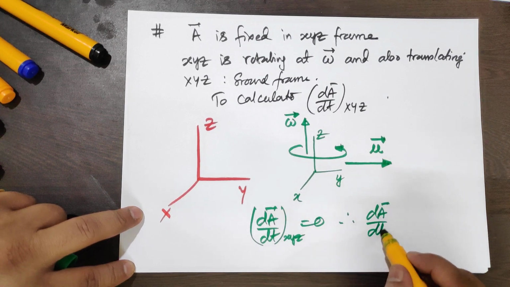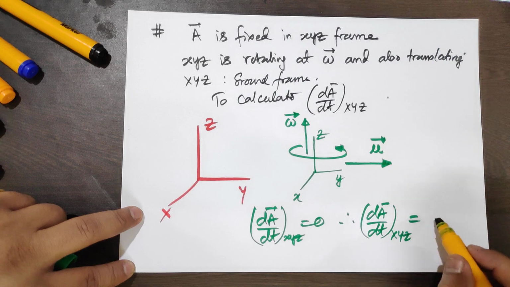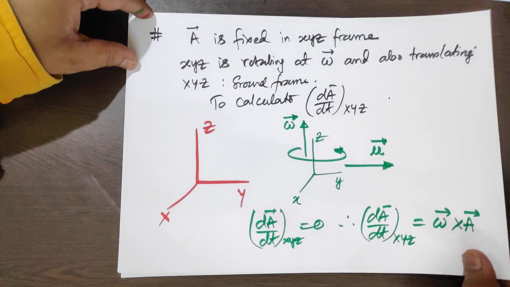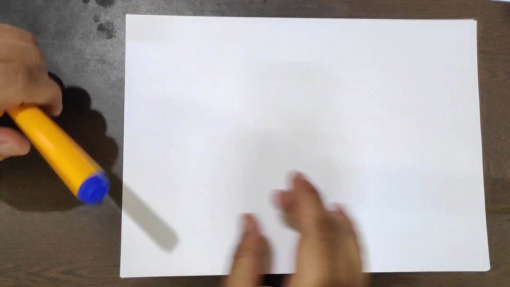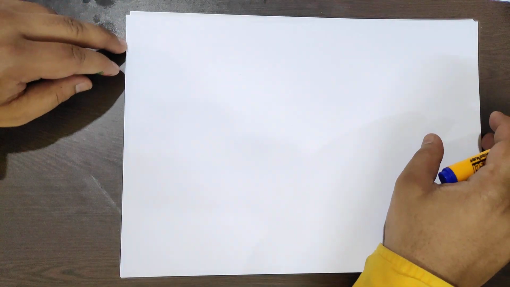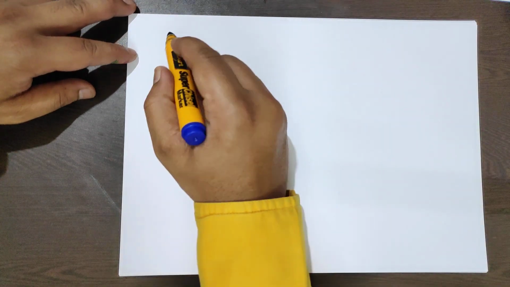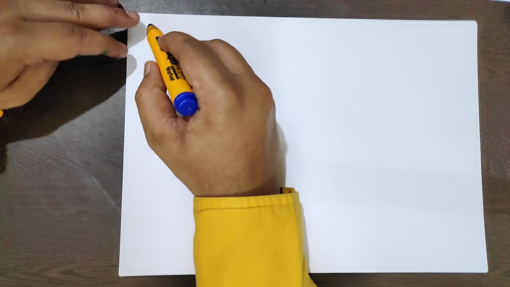Therefore dA dt with respect to capital XYZ is omega cross A. Now this case is different. Due to the translation of the small xyz frame, it doesn't matter, so we will just neglect the translation. What matters is the rotating frame, at least the vector which is fixed in small xyz doesn't change due to translation.